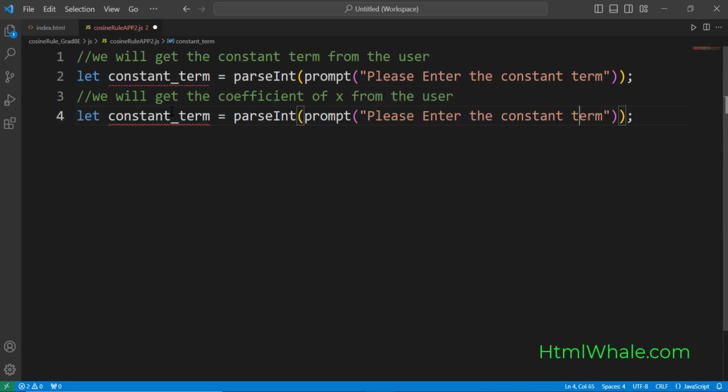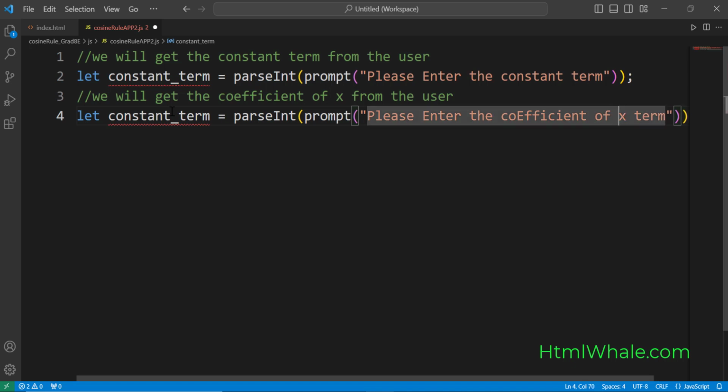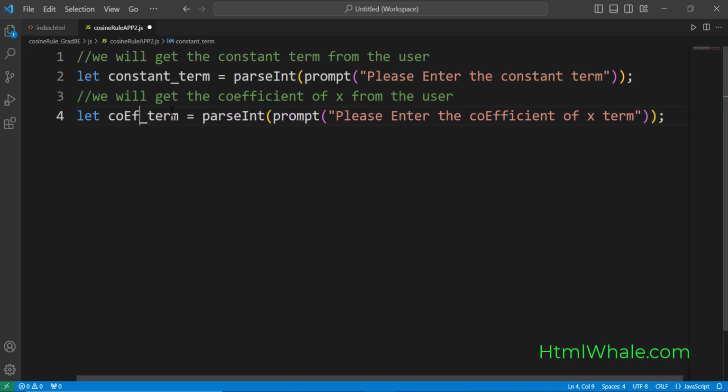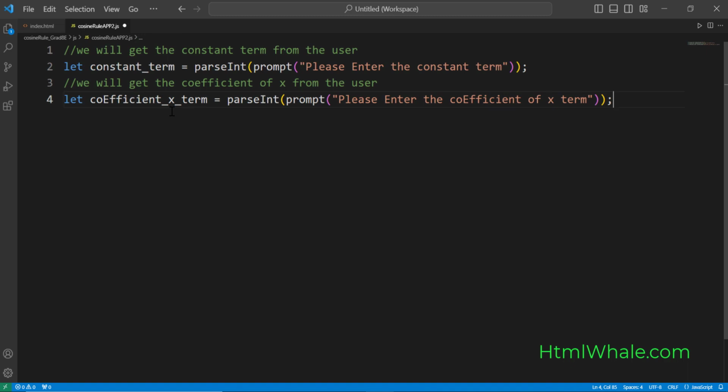So please enter the coefficient of x term. So this is going to be, I'm going to utilize it like this, coefficient x underscore term. Okay, so these two are got.